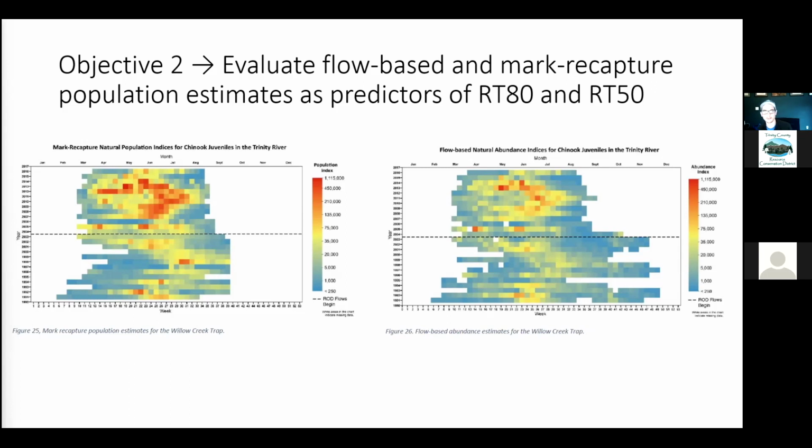There's a lot of times early or late in the season where we don't have fish to mark recapture. We get very poor results because of the higher temperatures. So this allows us to fill in gaps that we might not be able to do with the mark recapture.